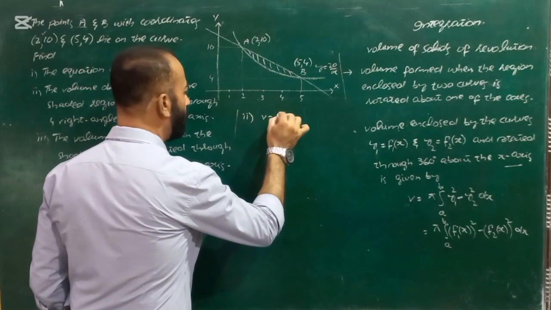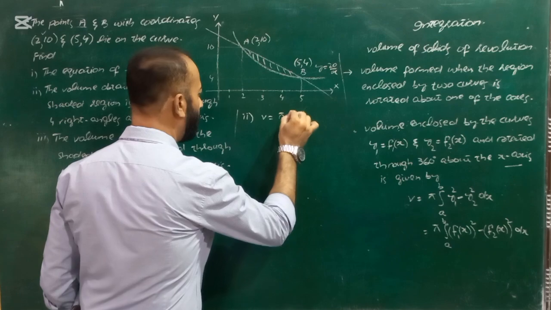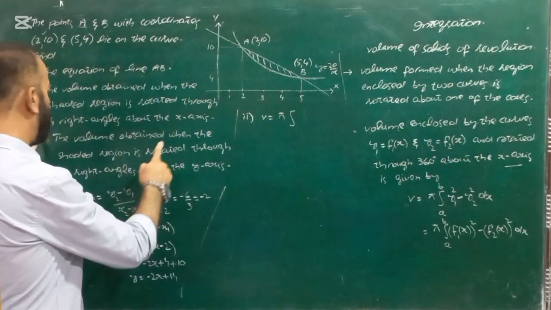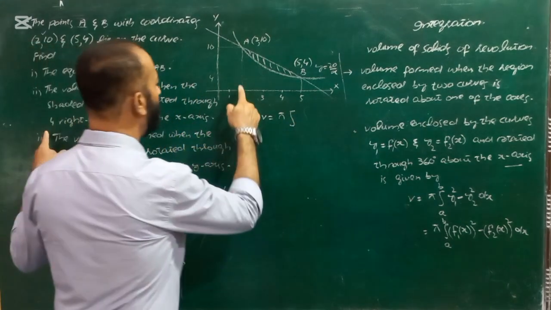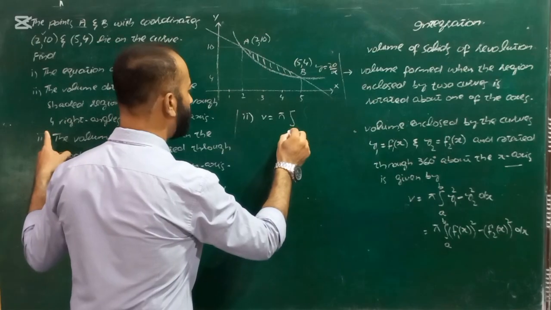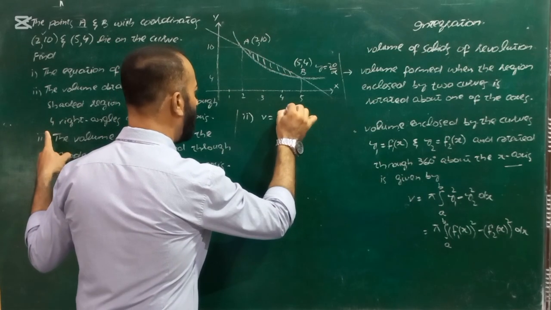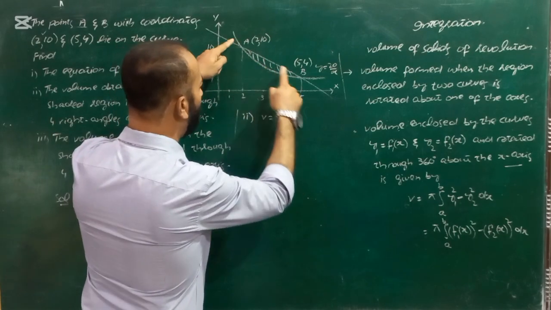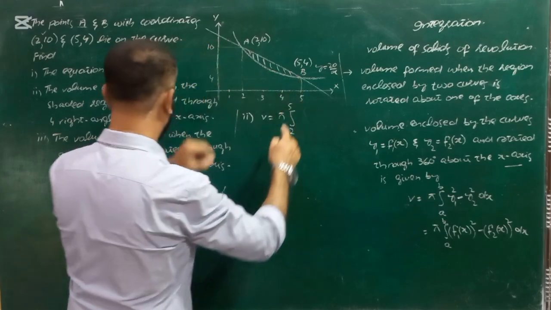So second part, volume will be equal to pi, and about the x-axis the limit will be from 2 to 5, and upper curve minus lower curve.